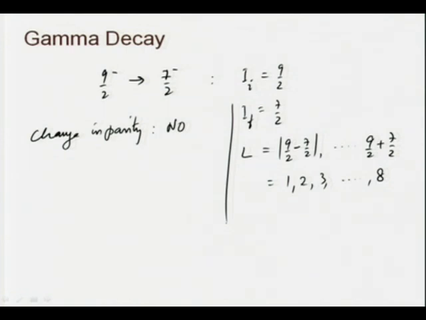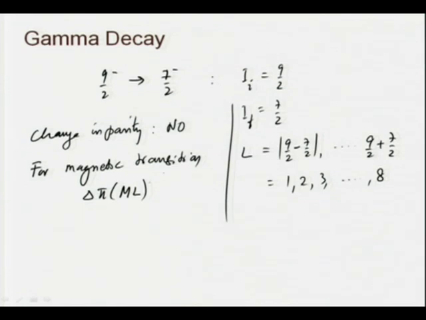For magnetic transitions, the change in parity, let me denote it by delta pi, for magnetic transitions of order L, say magnetic dipole, then L equal to 1, etc., is equal to minus 1 to the power L plus 1.